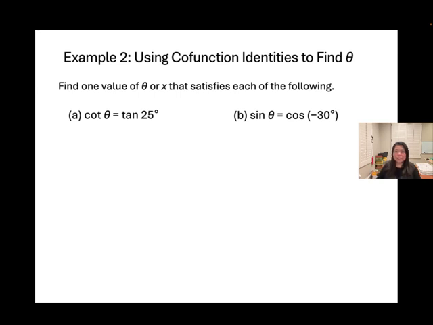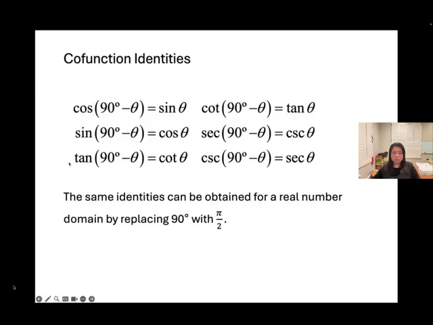Using cofunction identities, find one value of theta or x that satisfies each of the following. So cotangent theta equals tangent 25 degrees. Think about it, cotangent and tangent. We could apply these cofunction identities.